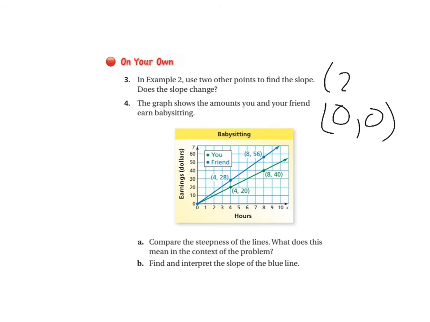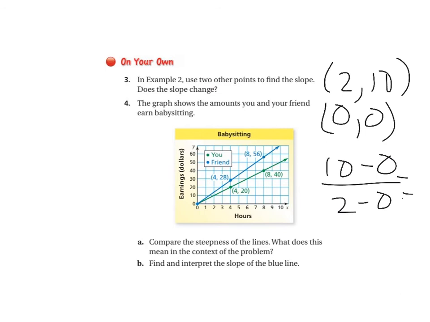So if we go across 2 and up 10, we take our y, 10 minus 0 over 2 minus 0. So that equals 10 divided by 2, which equals $5. So the answer is no, our slope does not change. It can't change because it's the same straight line. If you have a straight line, your slope is never going to change.